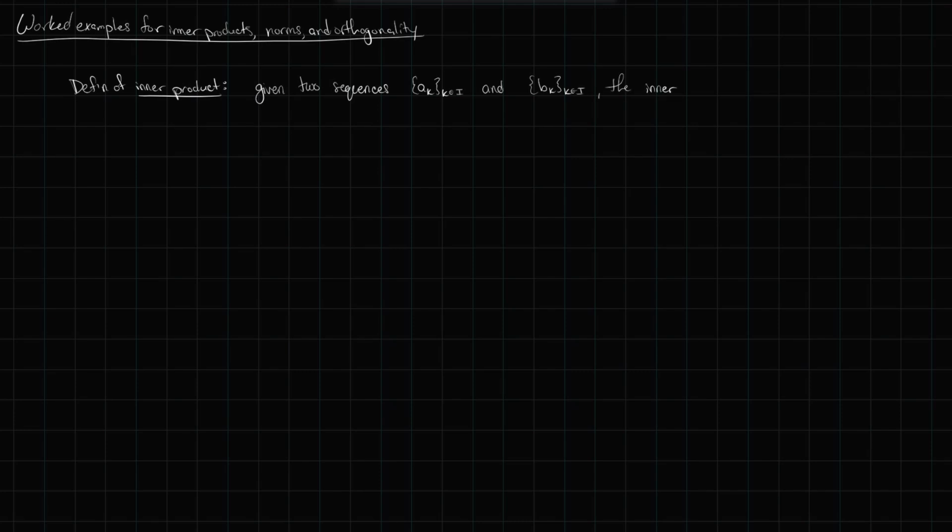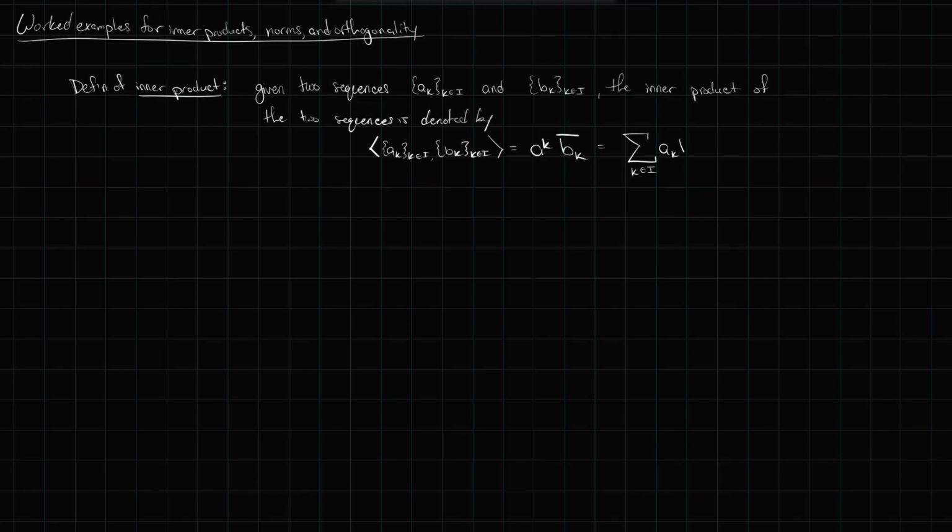The inner product of the two sequences is denoted by the angle brackets that we place the one sequence in and the other sequence. And it's equal to the Einstein summation of the two of them with a conjugate on the second term, which can also be written as a sigma sum, a_k b_k with a conjugate on the second term.